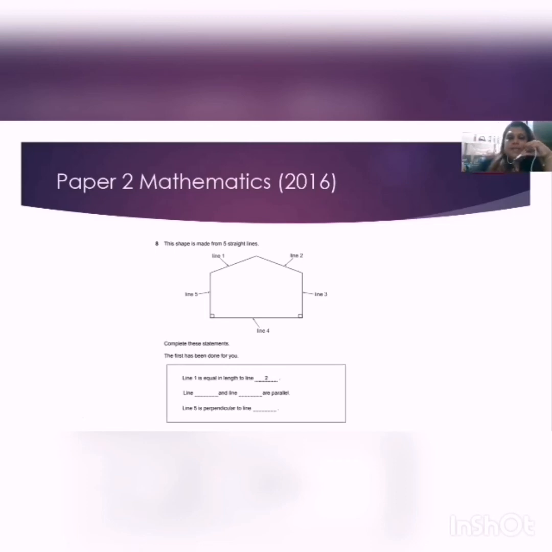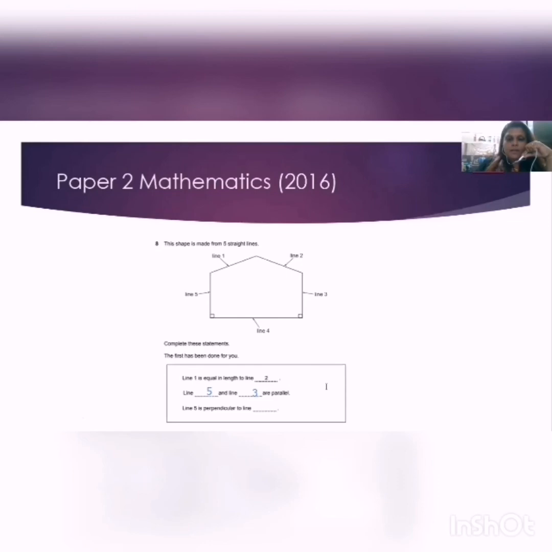Looking at this shape, both of these lines have the same distance and do not meet. Therefore, line 5 and line 3 are parallel.